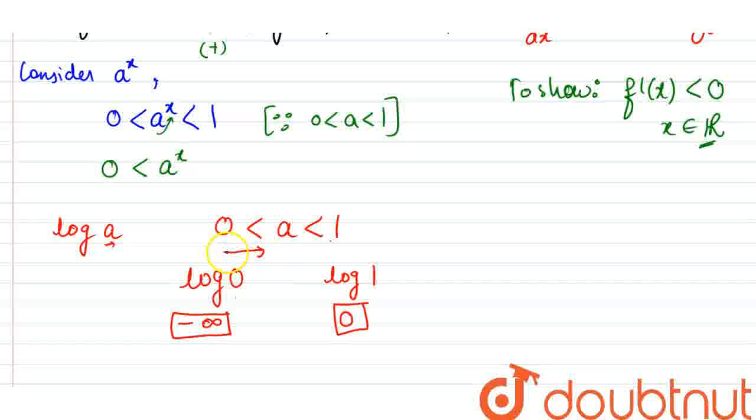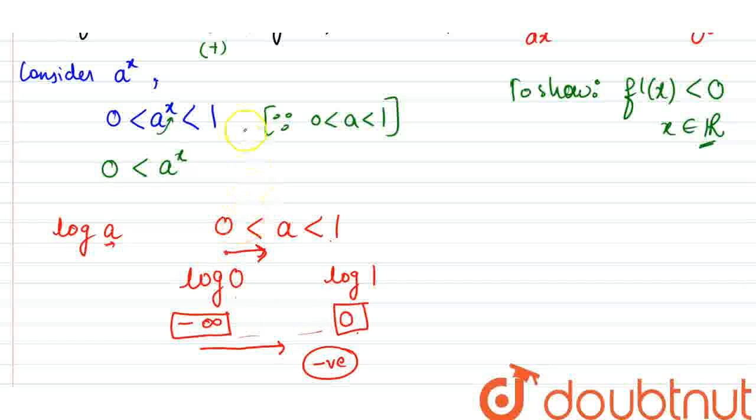So as the value increases from 0, the value will increase from minus infinity and will reach 0, and in this interval these values are actually negative values.